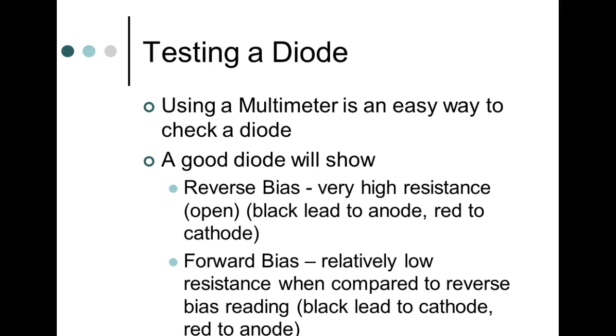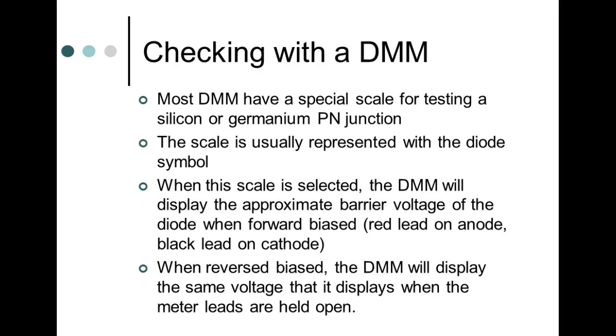If you're checking it with an ohm meter that has a diode scale on it, then that's what's so neat, because most digital multimeters have a special scale for testing silicon and germanium diodes. We can't do LEDs. Why? Because they're not made out of silicon and they're not made out of germanium. They're made out of derivatives of gallium, which is another semiconductor.